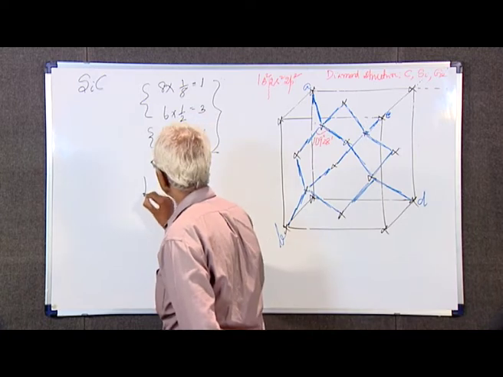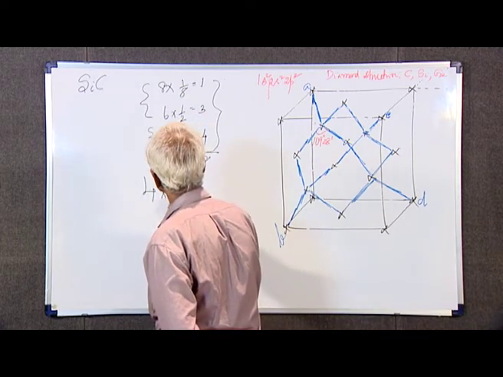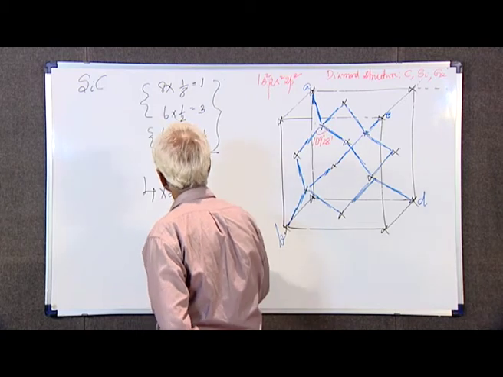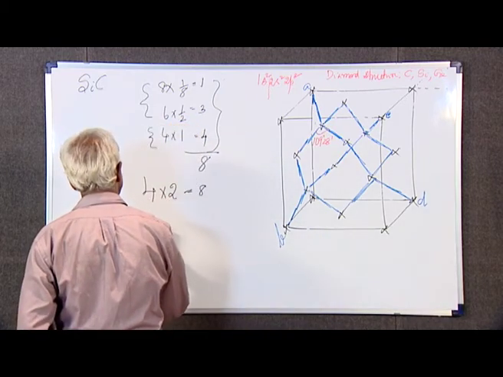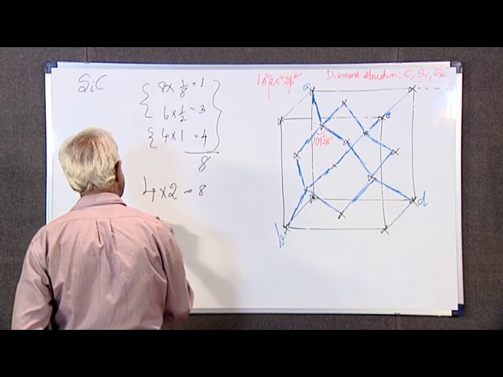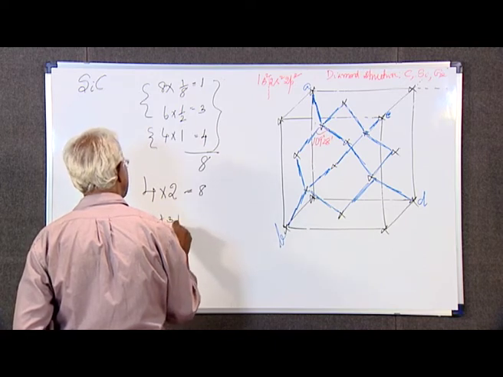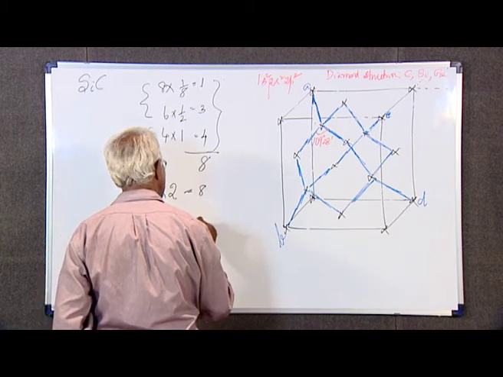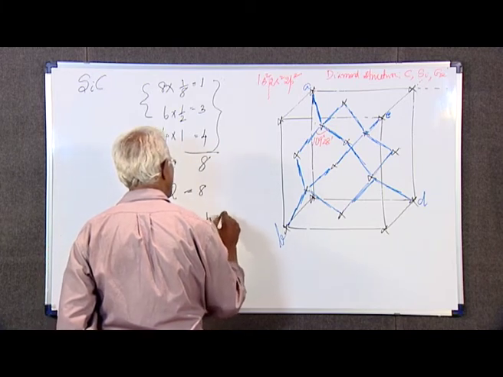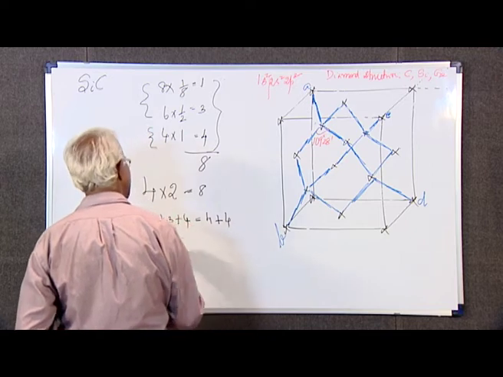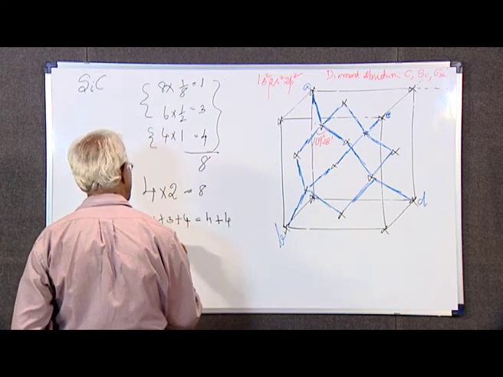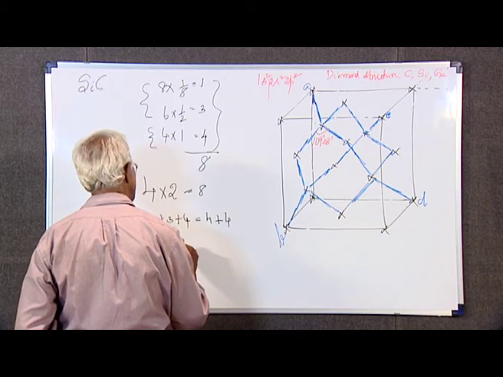So, you have 4 into 2 equal to 8. That is 8, which is 1 plus 3 plus 4, can be interpreted in different fashions: 4 plus 4, again the same thing, 8 equal to 4 into 2.